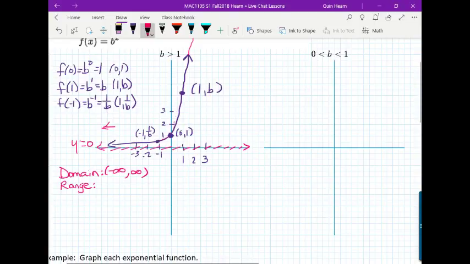How about the range, though? There are definitely values that we're not including in the range, so it's not going to be -infinity to infinity. What would be the lowest bound on the y values? The bottom of the graph. A value which we do not go beyond.